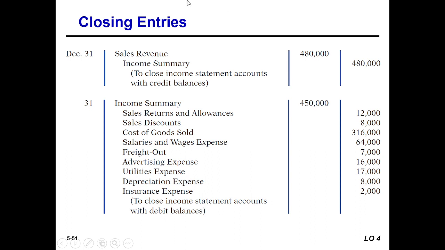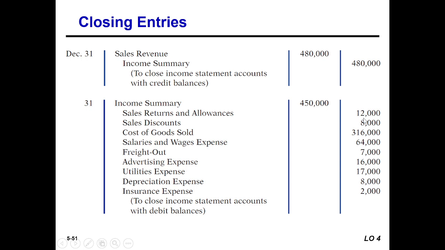So when we close the entries at the end of the year, sales revenue will be debited and income summary will be credited, to close income statement accounts with credit balances. Now income summary is debited and all expenses will be credited. Actually we know that all expenses are debit, but when we close the entries, they will be credited.